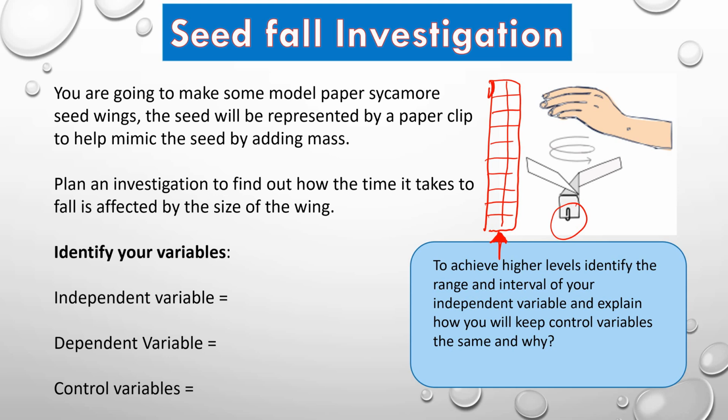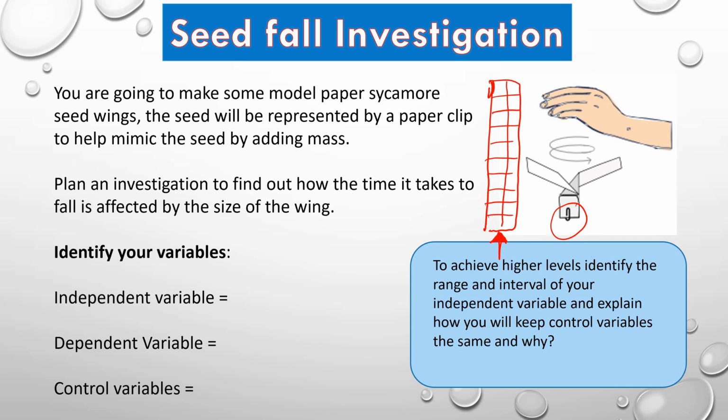Step number 7, you're going to time how long the seed took before it hit the floor. And you're going to record that result, remember, in your table that you've already drawn. If the seed does not spin, or if it hits something on the way down, please redo that particular bit of data.